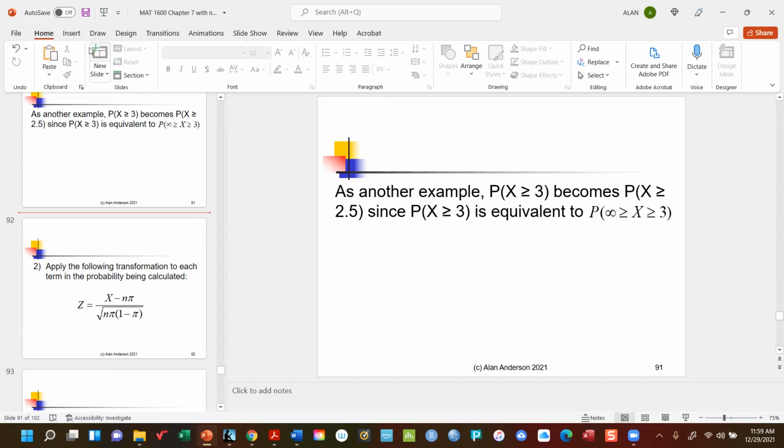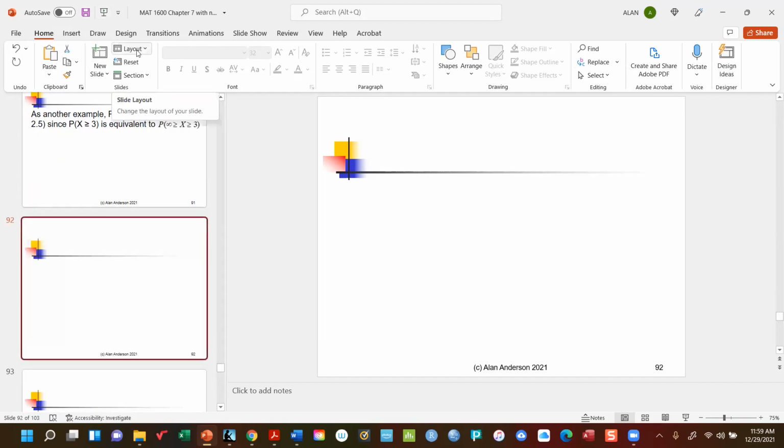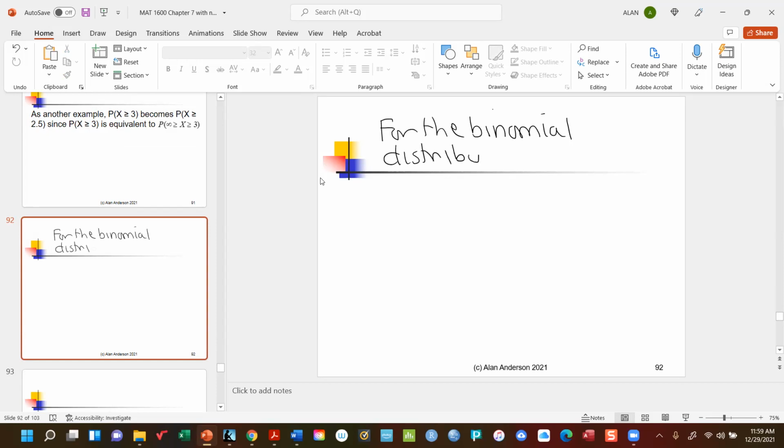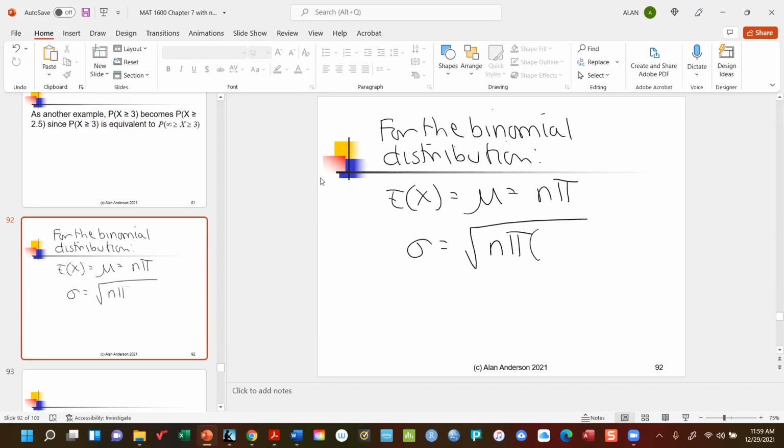Just a quick reminder. You might remember that for the binomial distribution, the expected value is the same thing as the mean. And we remember there's a special formula for that, which was n times pi. The standard deviation is the square root of n pi times 1 minus pi. Okay, that's just a quick reminder from chapter 6.